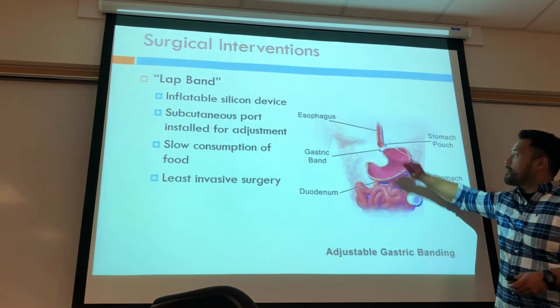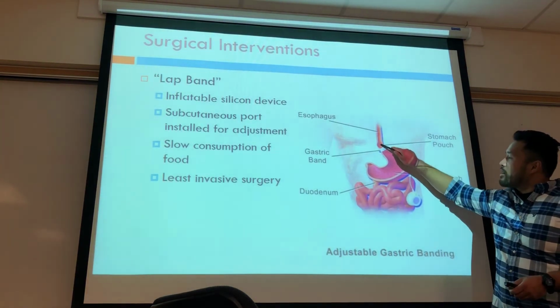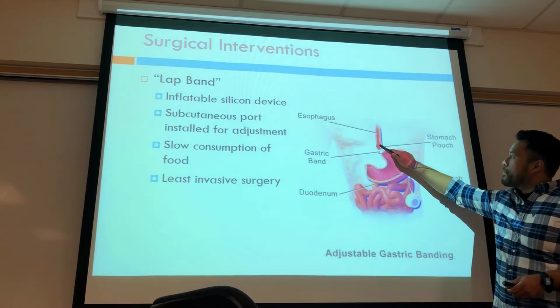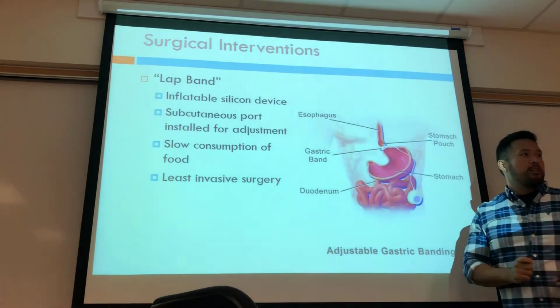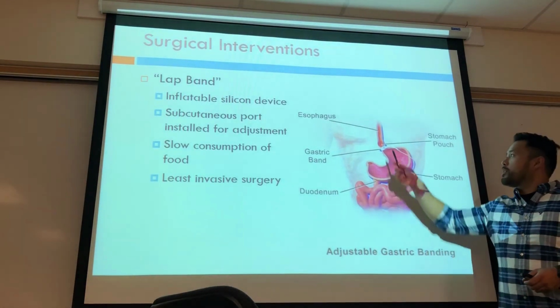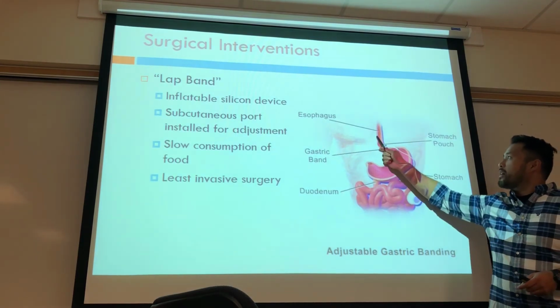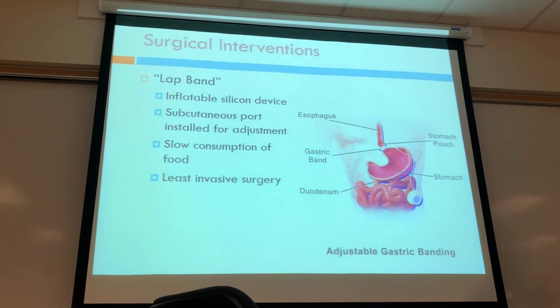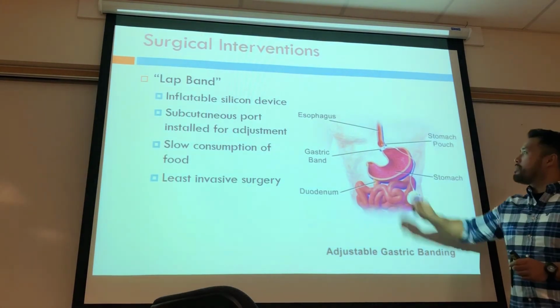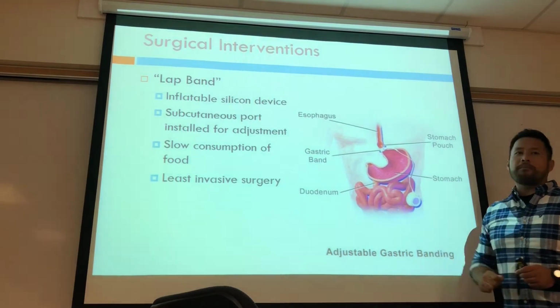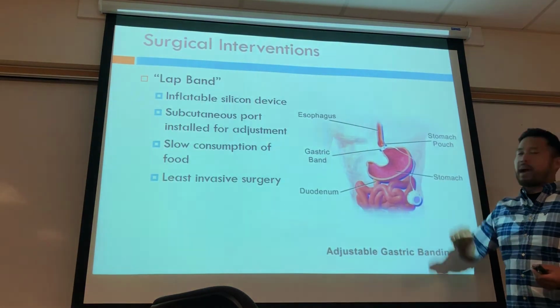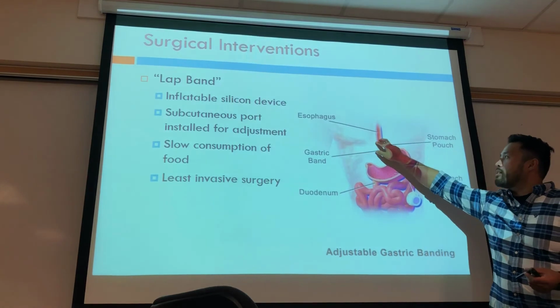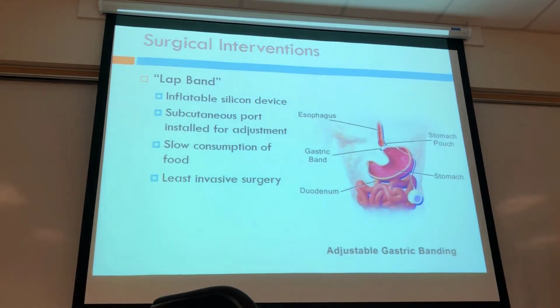Now you've got all this excess pressure in the stomach pouch, which exerts more pressure on the lower esophageal sphincter, so people with the lap band can report higher rates of heartburn. It's typically an adverse event that's expected. You can also get slippage of the gastric band. If that band slips back onto the esophagus, your stomach is back to normal and now you've got this band right around the sphincter. It can cause a lot of discomfort at that point.